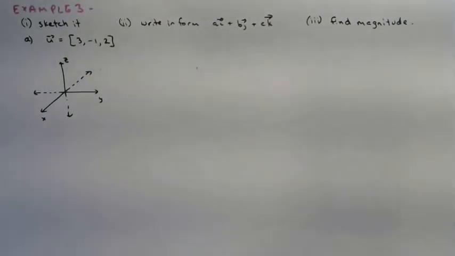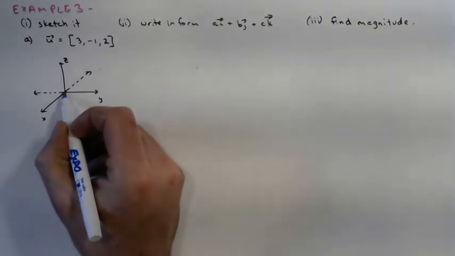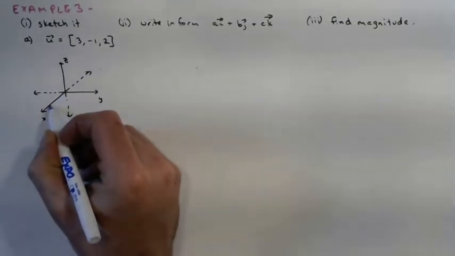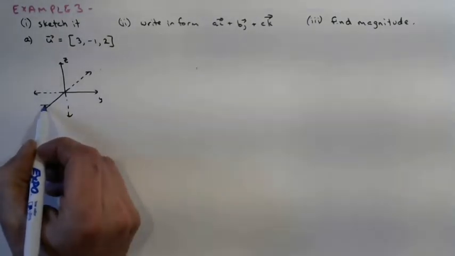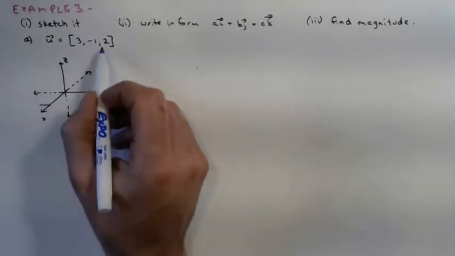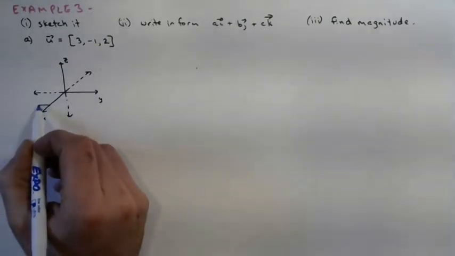All right, first step is sketching it. We have 3 in the positive x direction, negative 1 in the y direction. That's going to go this way, parallel to the y direction, negative 1, and 2 in the z direction.